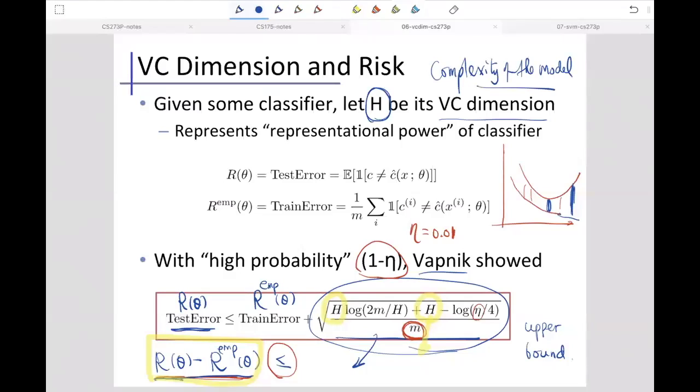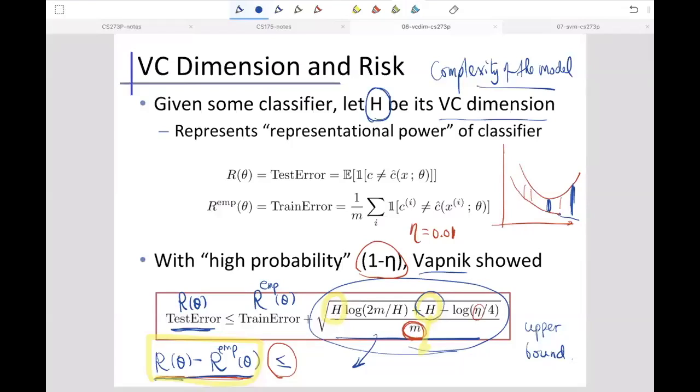Under this kind of interpretation, what this means is that the lower the complexity of the model, the smaller the gap. That is consistent with our understanding. The lower the model complexity, the smaller the possible gap. If your model is very complex, which means you're going to have a very high VC dimension, in that case your training error is going to be maybe very different from your test error.